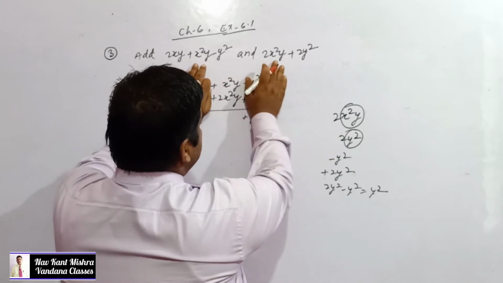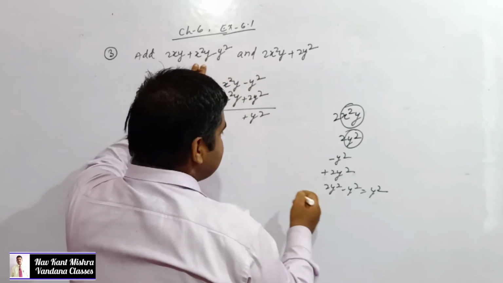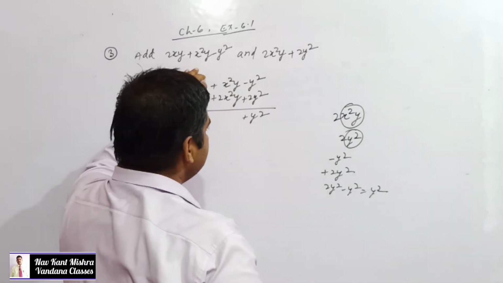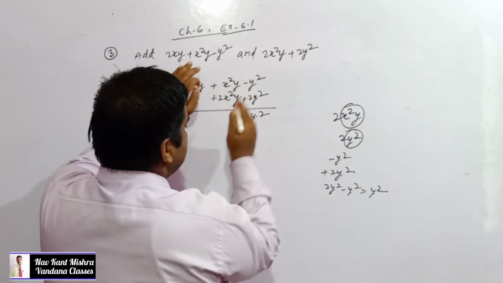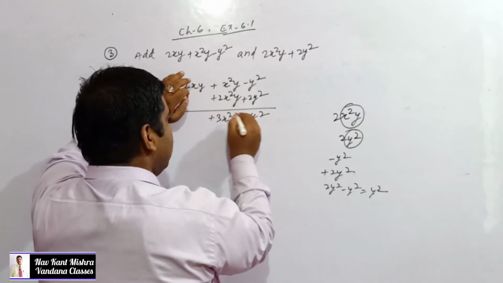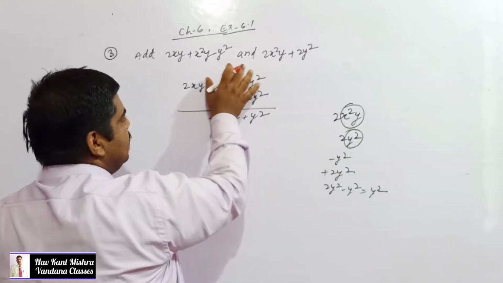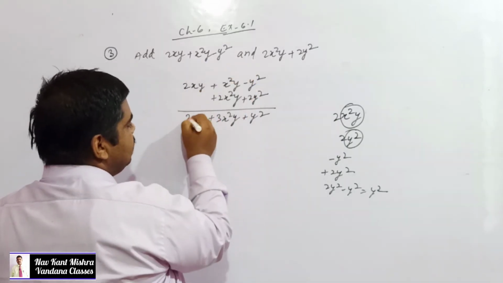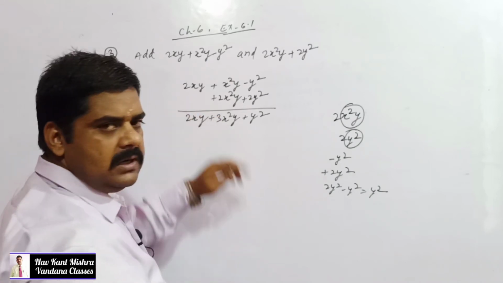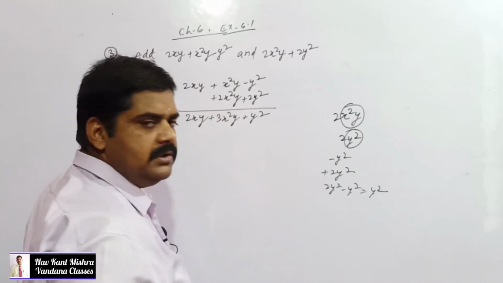Now in the middle term, plus x squared y plus 2x squared y, both are plus, so you can write 3x squared y. For the last term, you write down 2xy because there is no other term, that means 0.